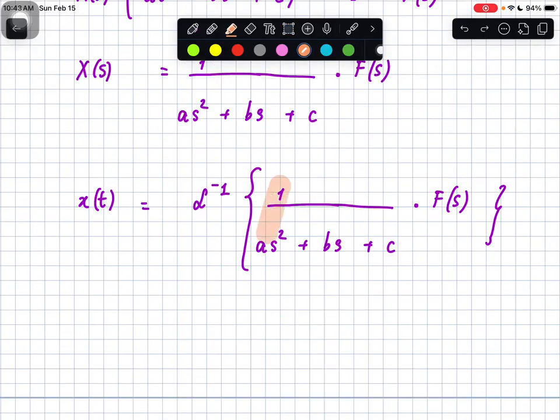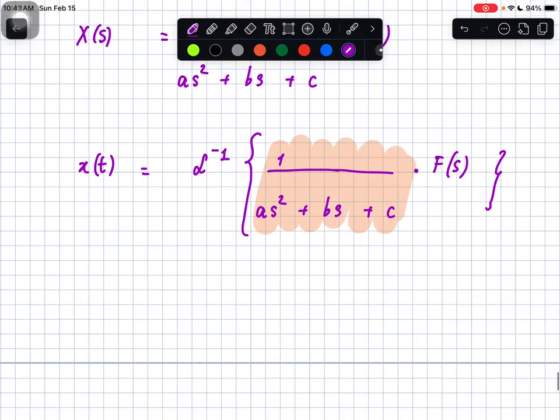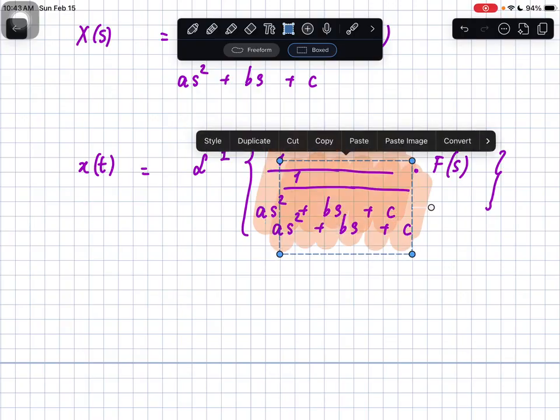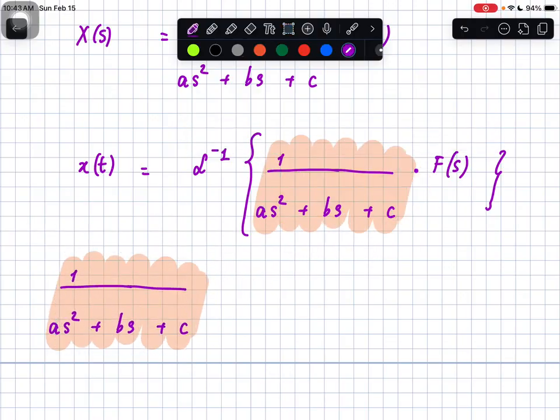This function here, we call it the transfer function of the system we are working with.